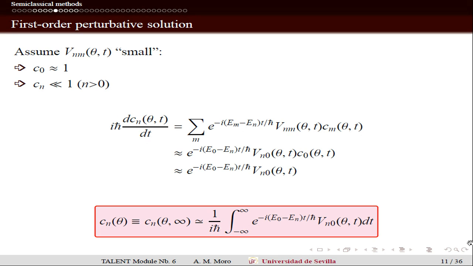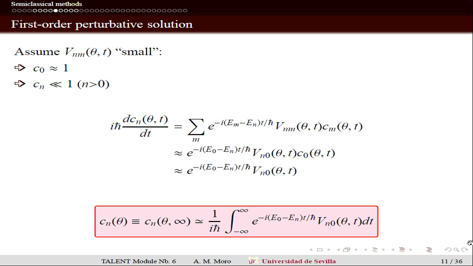So in this sum, we neglect all the coefficients except the one that corresponds to the ground state, because the rest are small by assumption. So we simplify this sum to one term, that is this one with the C0. And actually, since we have agreed that this C0 is close to 1, we just replace it by 1. So we eliminate all the unknowns in the right-hand side of the equation.